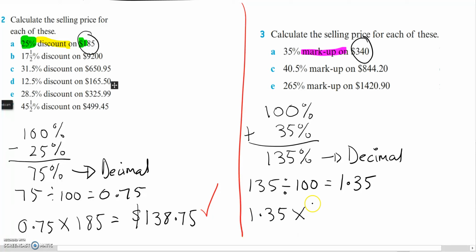We're going to multiply it by the dollar amount, which was our $340. So 1.35, and we're going to multiply by 340. And we end up with a dollar amount, $459 even. And those are the basics of the markup, discount.